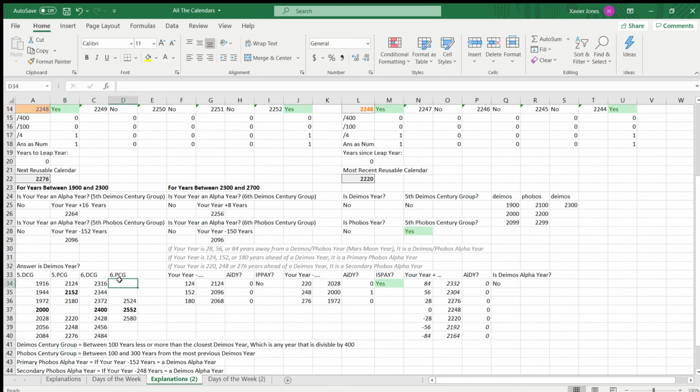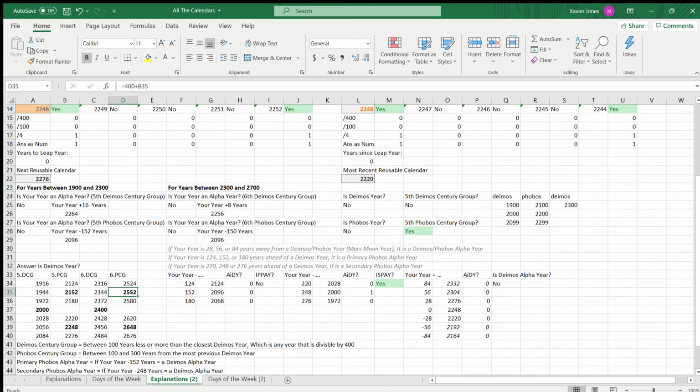And then I'll just do equals 400 plus this. So there we go. Now we have our true actual alpha years for all of these pairings.